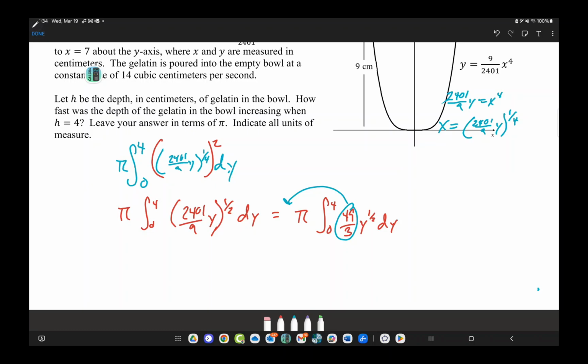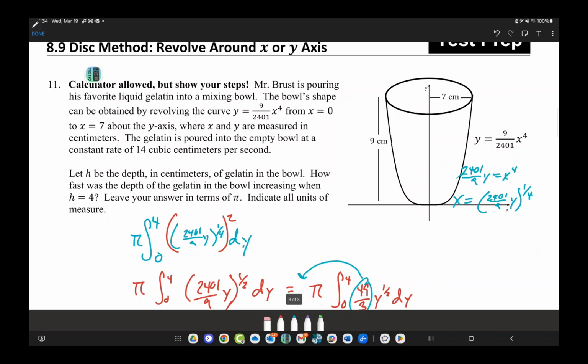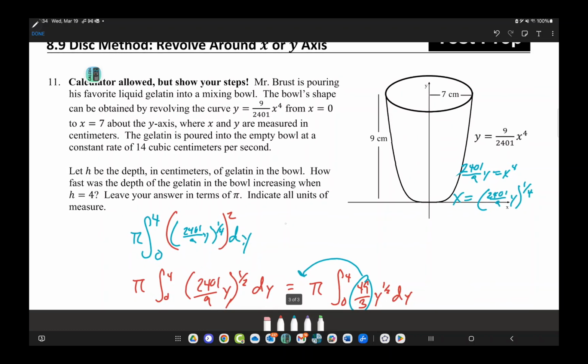So let's go back and read what they want to know. Mr. Burst is pouring his favorite liquid into a gelatin mixing bowl. The bowl shape is that right there. The gelatin is poured into an empty bowl at a constant rate. So that means that the dV/dt, the volume, dV/dt is equal to 14.